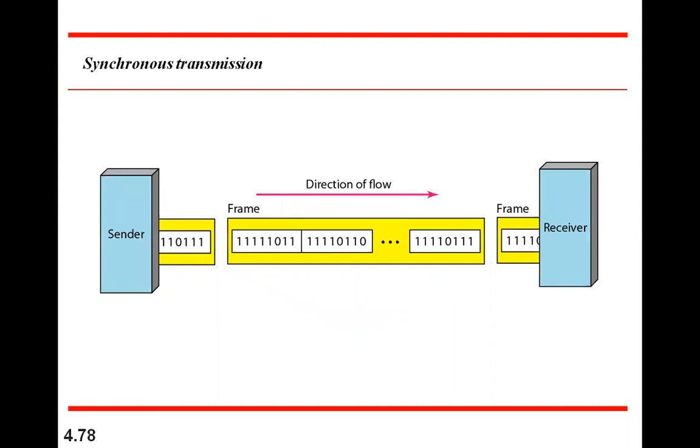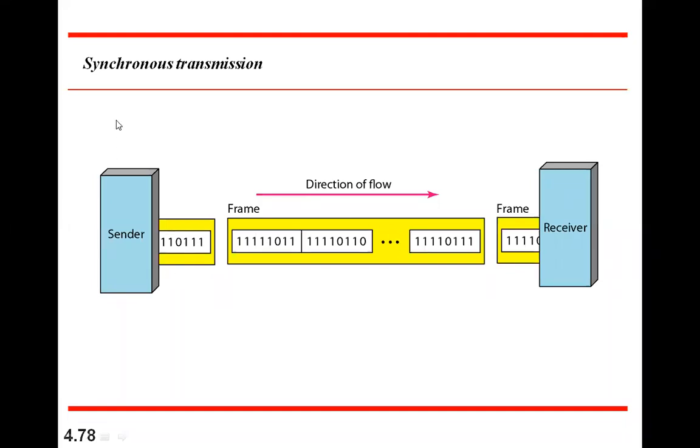Now, of course, as we go into our subject, these bits are sometimes divided into different frames. Each frame will be identified with certain numbers and then sent. Those things we will understand in more detail in the next unit of the subject.